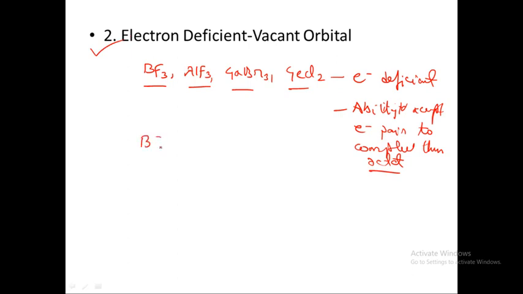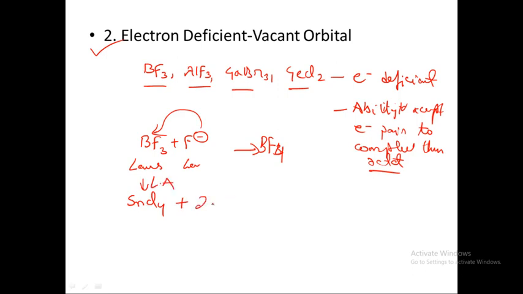For example, BF3 when reacting with F minus behaves as a Lewis acid and the fluoride as a Lewis base, and you get BF4 minus. Another example is SnCl4, an electron deficient compound which behaves as a Lewis acid.